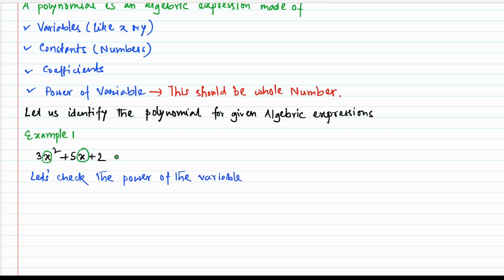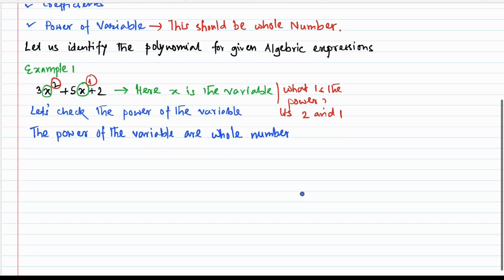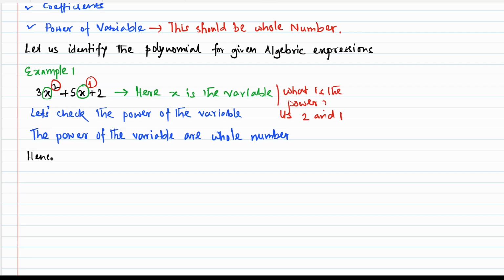Here x is the variable, and what are the powers of x? 2 and 1. What is the nature of these powers, whether they are whole numbers or not? The powers of the variable are whole numbers, so it is satisfying. So we can say that this expression is a polynomial, straightforward. If you know these characteristics, you can easily identify it.